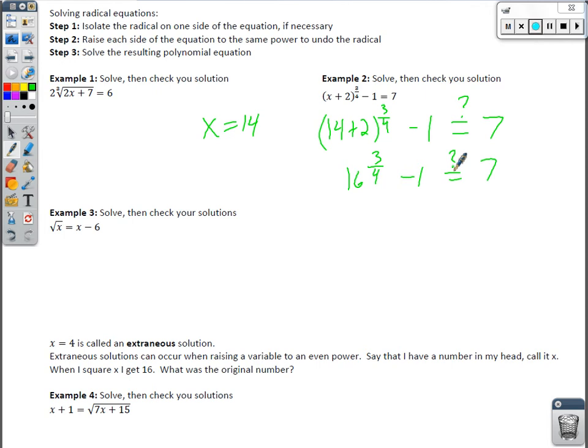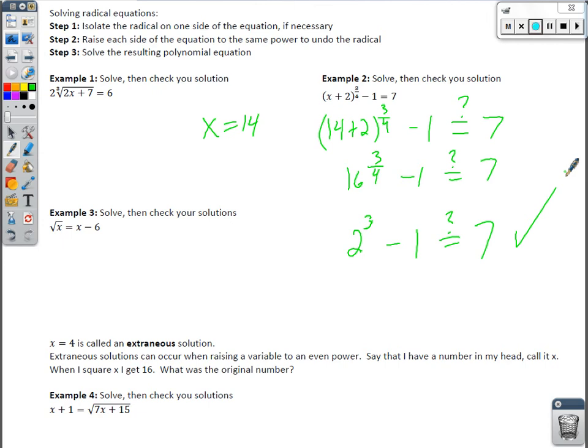So let's take the 4th root of 16, that's 2, and then raise that to the 3rd power. All right, 2 to the third is 8. So 8 minus 1 is 7. That works. So that means x equals 14 is the solution to that equation.